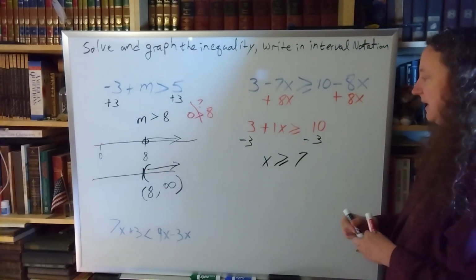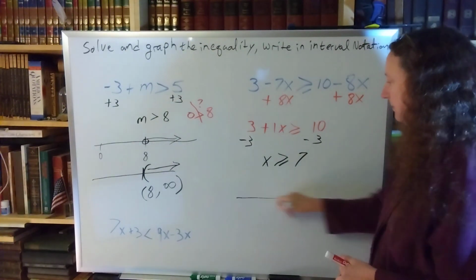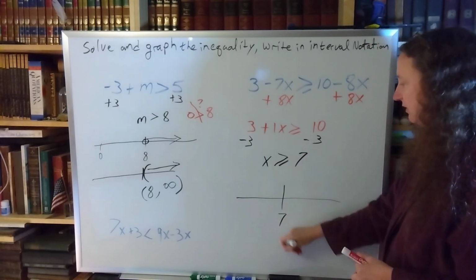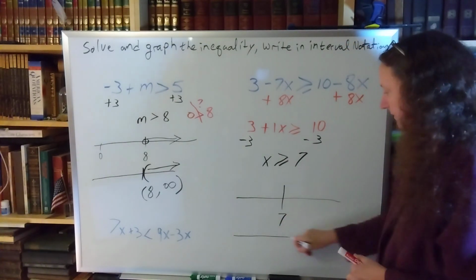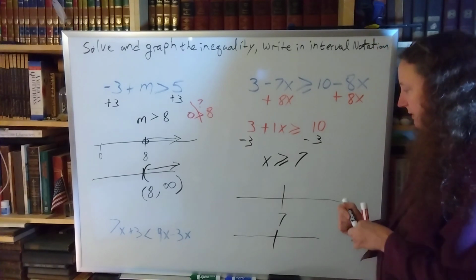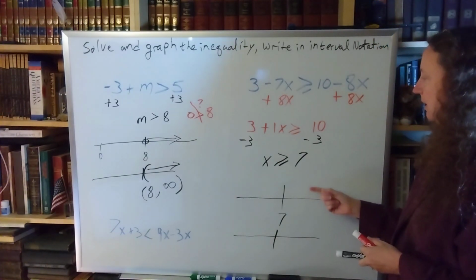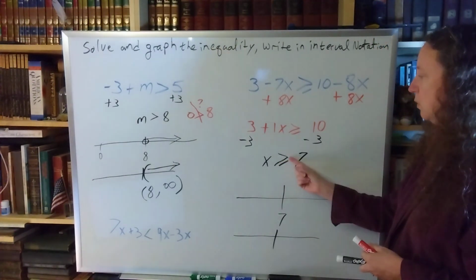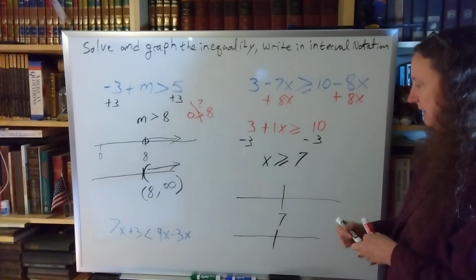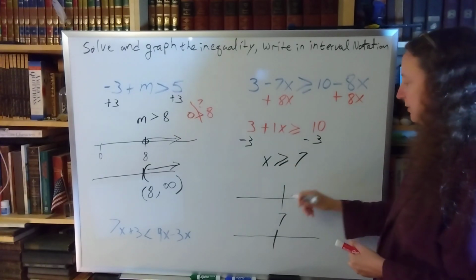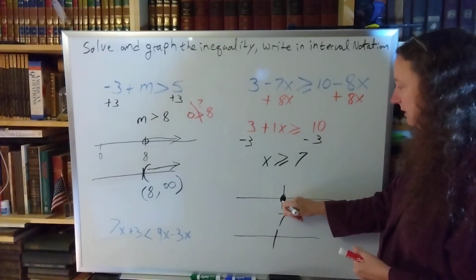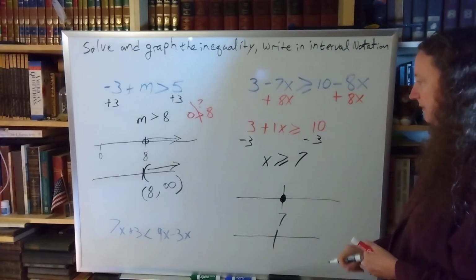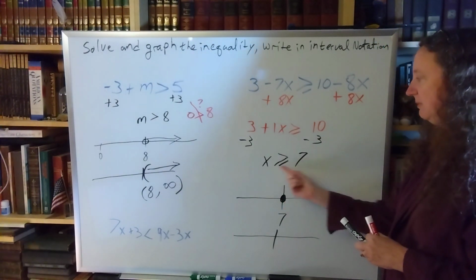Now I need to graph that. So I have my number line. I find 7 somewhere on my number line. I'm going to do it both ways for you. It does equal, it has that extra little line there. So if I'm doing it with the dots, I fill in the dot. X has to be greater.